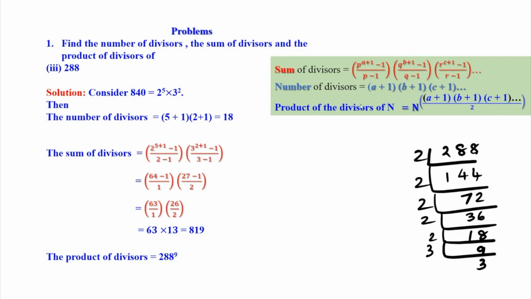And again using the formula for the sum of the divisors, we get this. Here we have 18, so 18 by 2 is 9, so the product of divisors is 288 raised to 9.